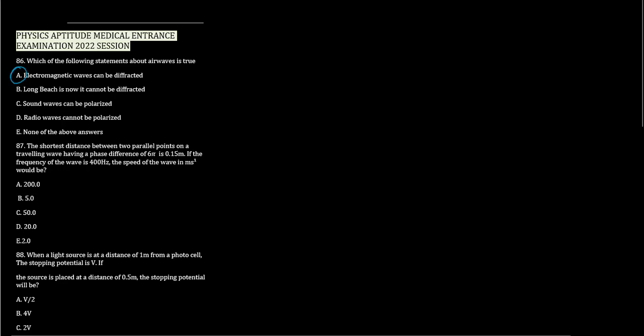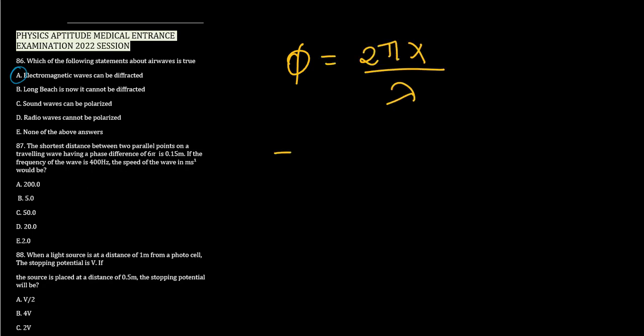The next is question number 87. The shortest distance between two points on a traveling wave having a phase difference of 6 pi is 0.15 meters. If the frequency of the wave is 400 Hz, the speed of the wave in meters per second is? We have the phase difference phi given by 2 pi x divided by lambda.